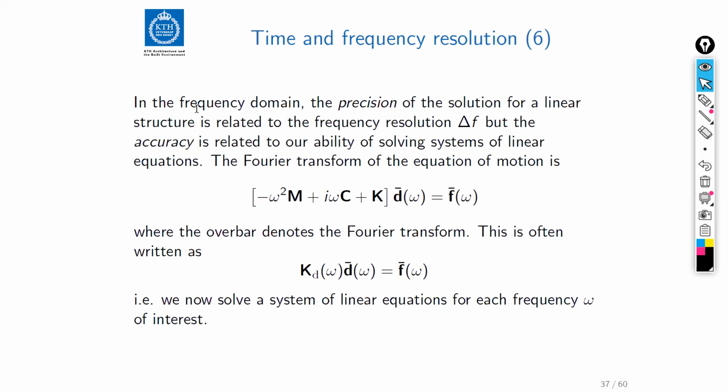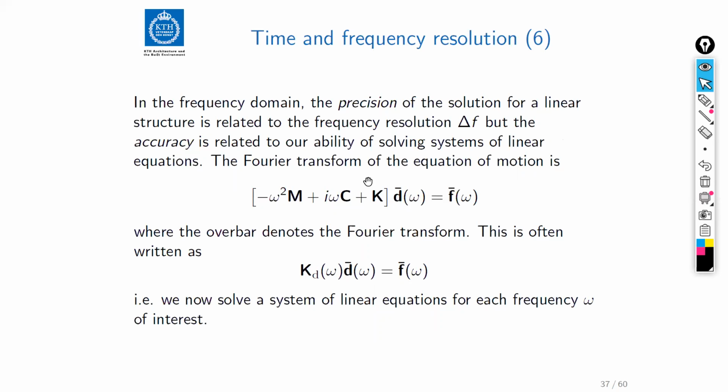we can always apply this Fourier transform on the equation of motion, and we will end up with something like this. So now, what was before a system of second order ordinary differential equations is now a linear system of equations that depends on frequency only.